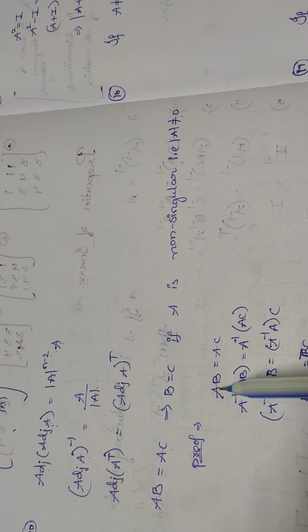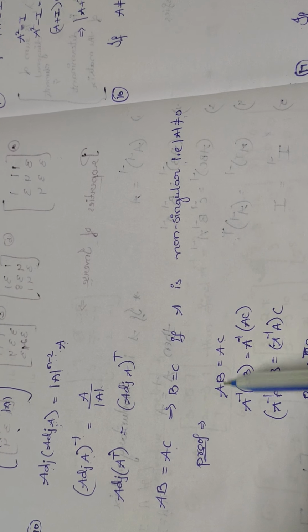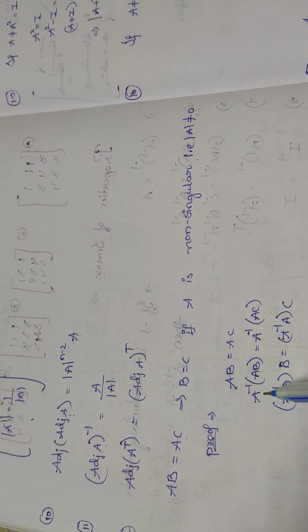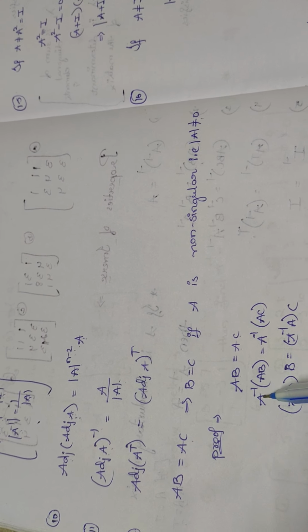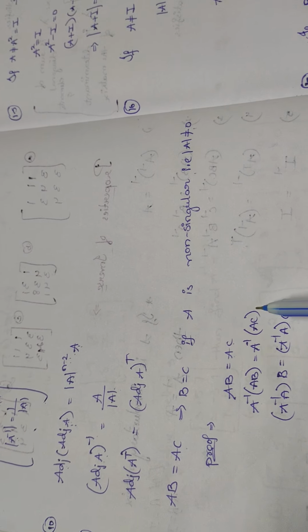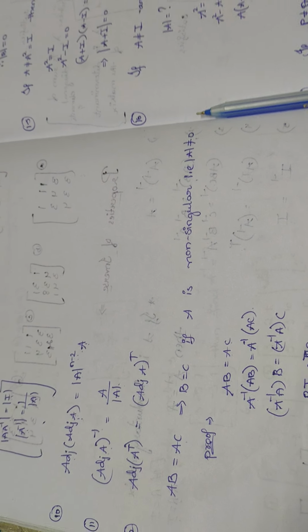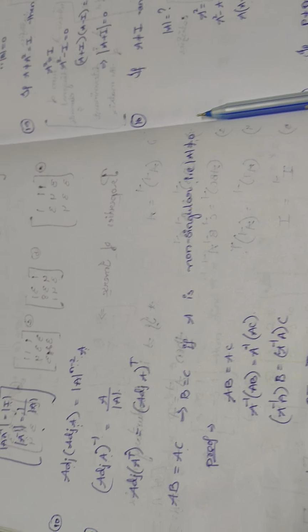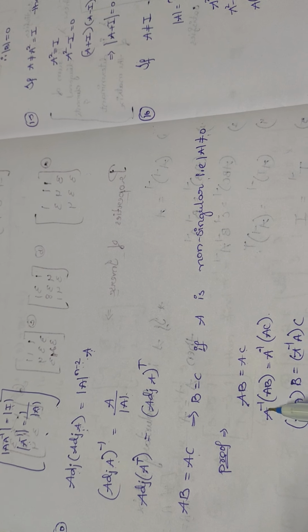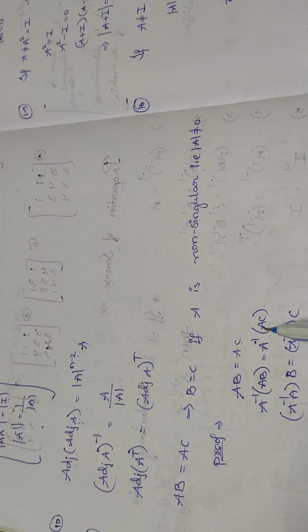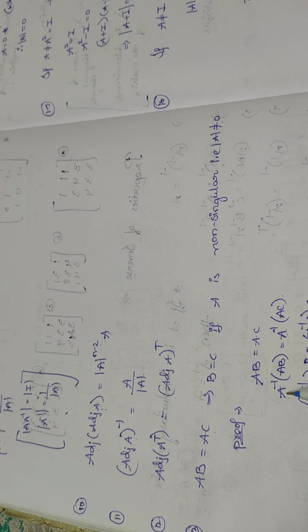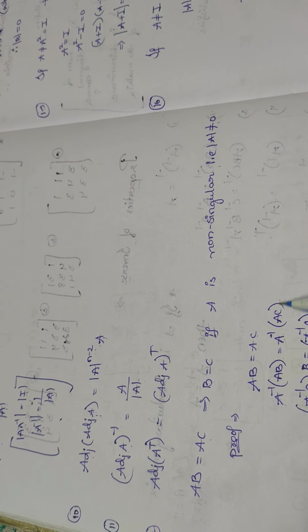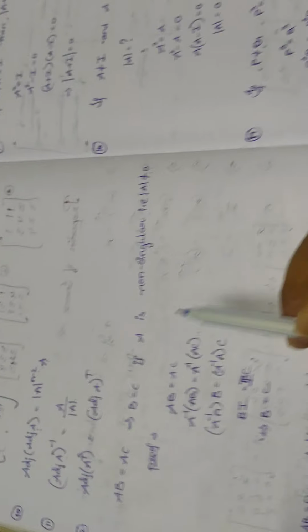If you multiply on the right side, you should multiply on the right side for both. Otherwise it is not correct.